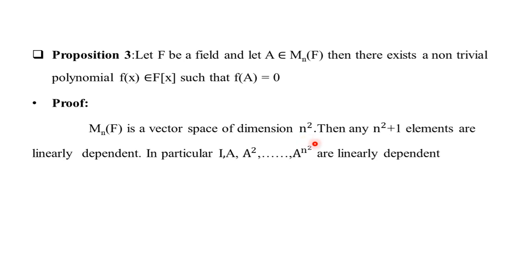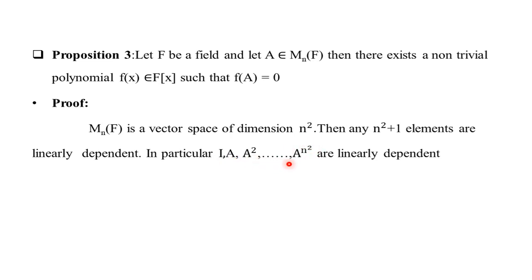So if we just add one element to these n square elements, then those n square plus 1 elements will become linearly dependent. In particular, we take I, the identity matrix, A, A square, etc., A power n square.